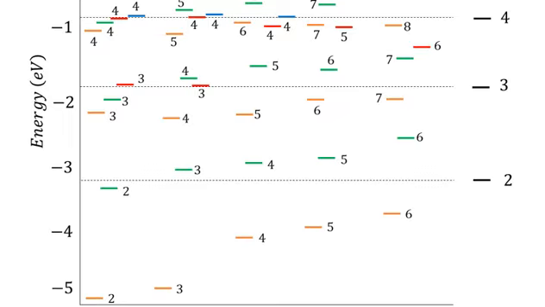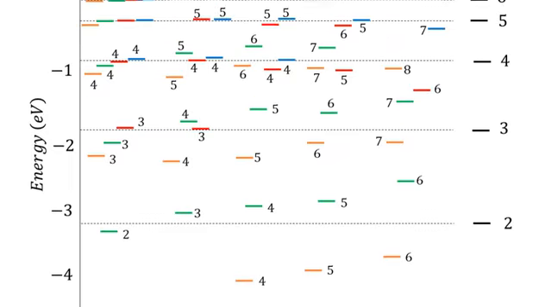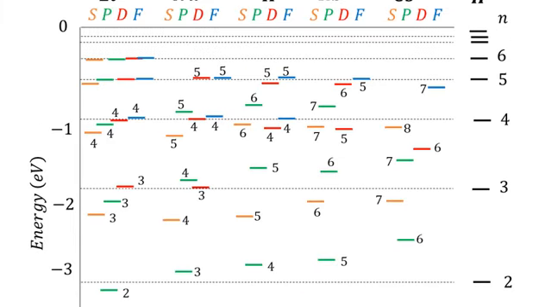But when the principal quantum number is very high, for example n equals 5, 6, and so on, the levels are also very close to each other. That is, the energy difference between the corresponding levels in the alkali metal atoms decreases as compared with the hydrogen atom.